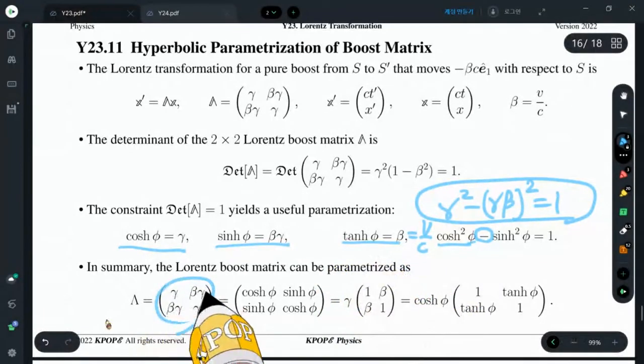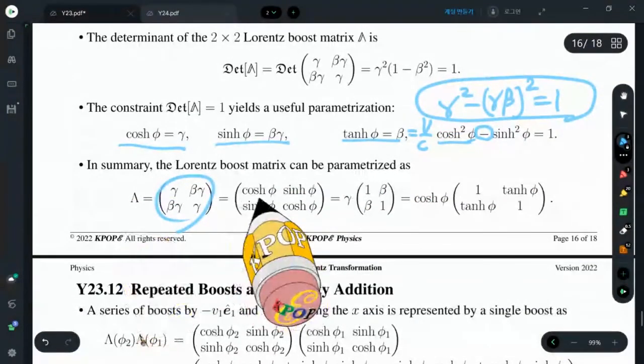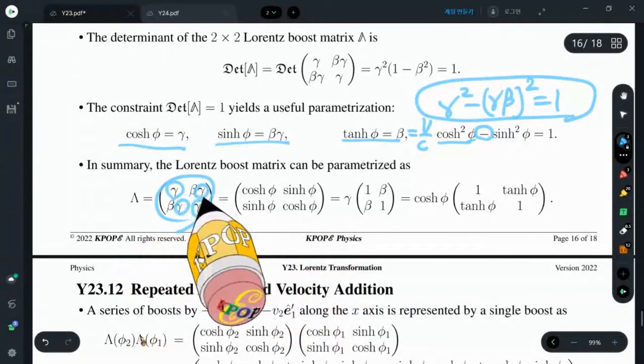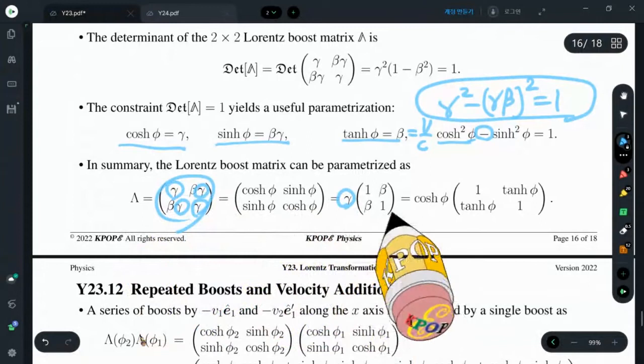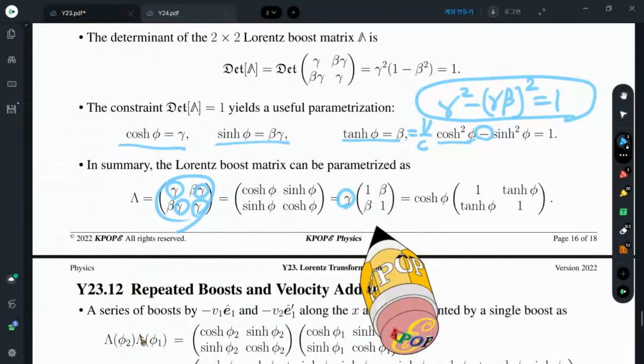If you look at the time and longitudinal components only, in that case, the Lorentz boost matrix looks like that, and we can pull this common factor gamma out. In that case, it becomes 1 beta, beta 1.